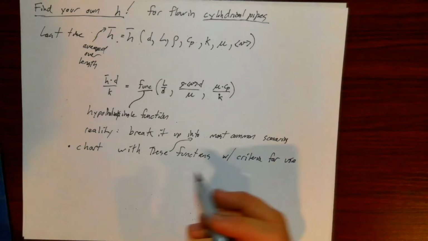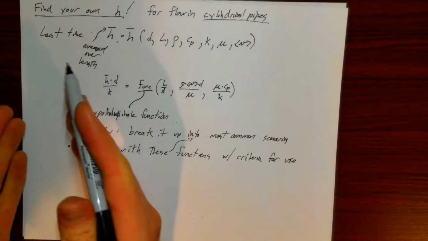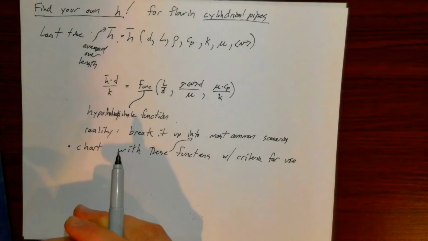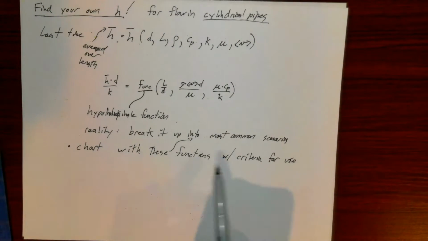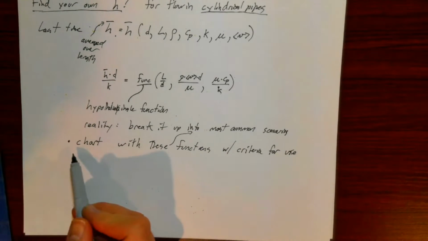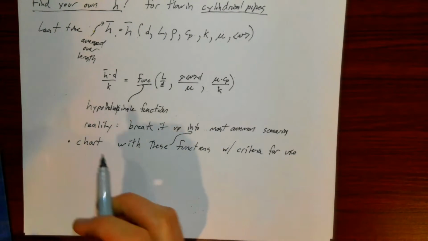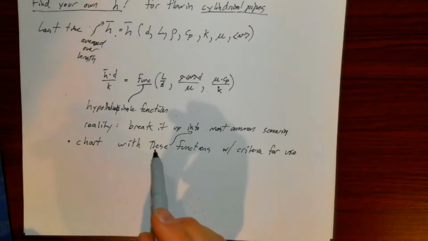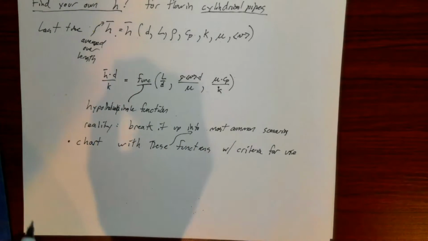Essentially, what range of Reynolds numbers is it appropriate to use this simple function? What range of Reynolds numbers is it appropriate to use this other function, right? So we'll build the chart, and in building it, I'll describe basically how you can use it to pick the right formula for the right h for your problem.